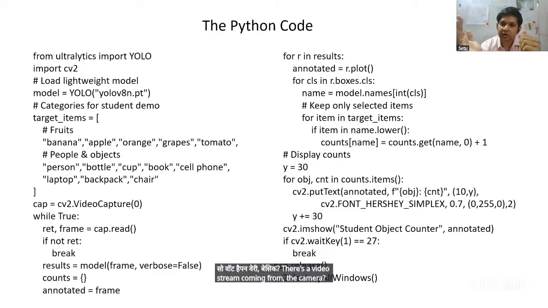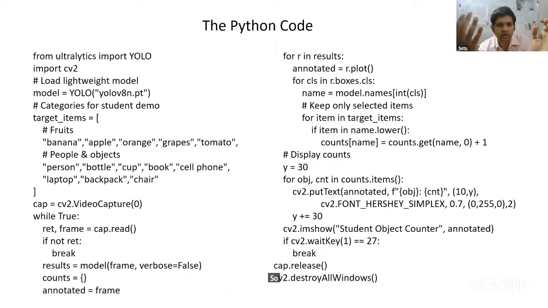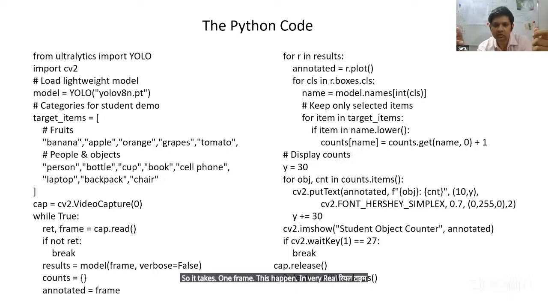To simplify, as we explained how CNN works, initially OpenCV takes frame by frame. It takes one frame, one image at a time. This happens in real time, so you cannot visualize it, but it takes frames one by one.